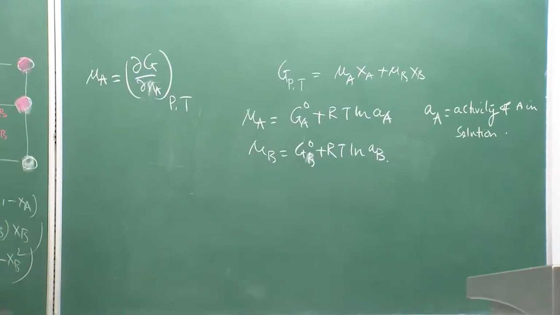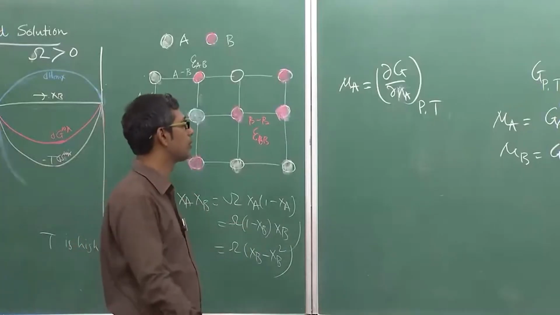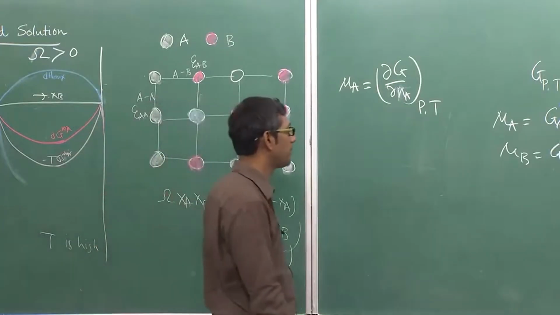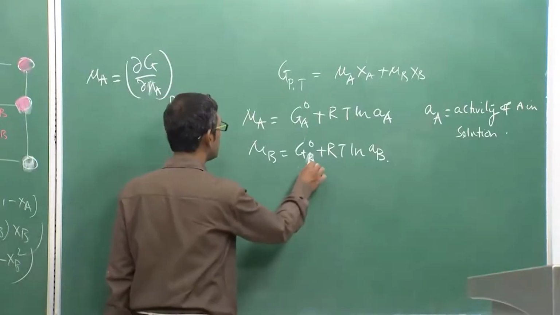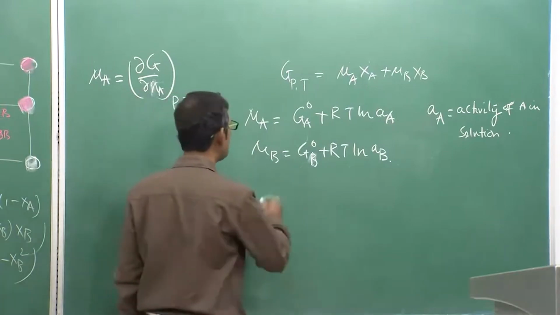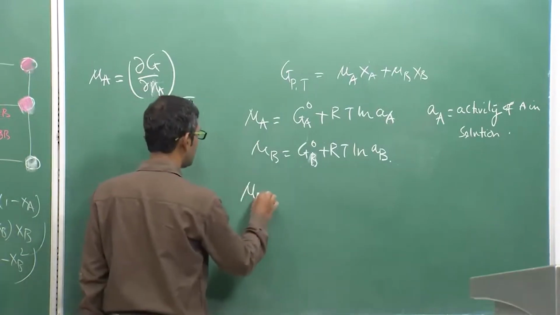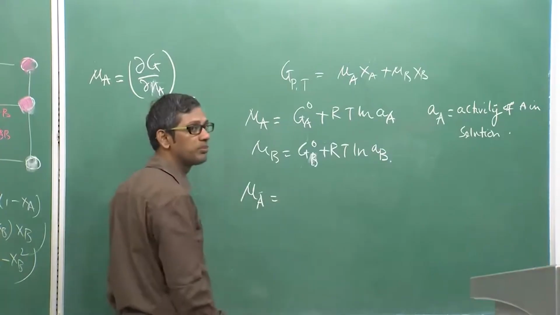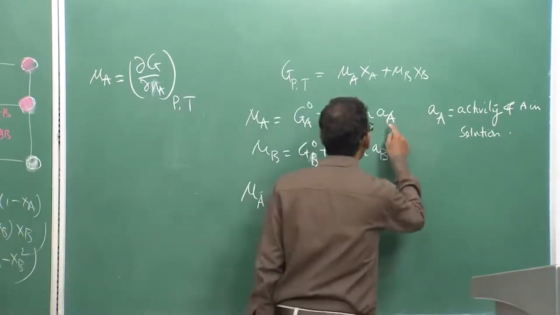Now, I will not do the detailed calculation, this will be part of the questions or assignments we will be providing to you. You need to do the homework, and you will find that this mu A can be written in terms of mole fraction, because ultimately activity is what?